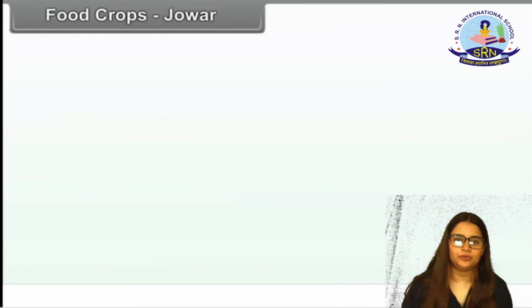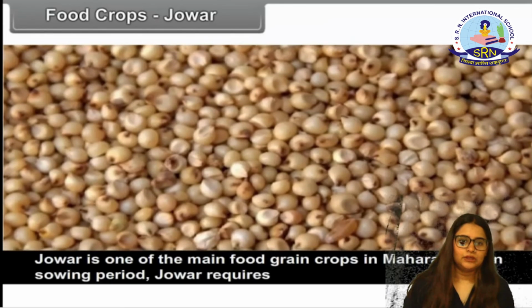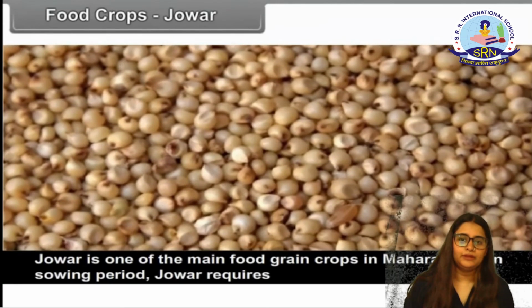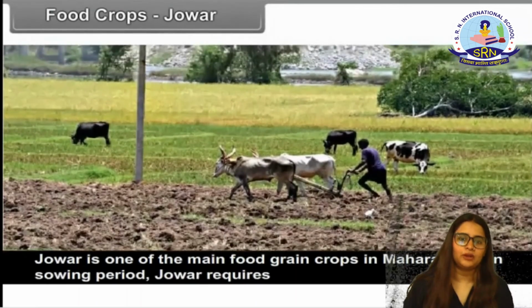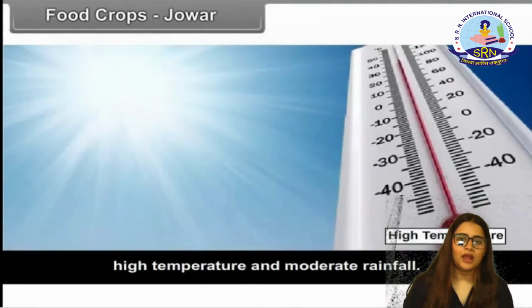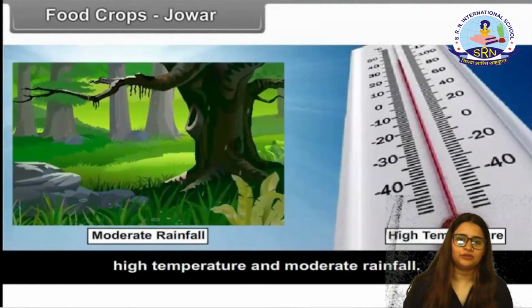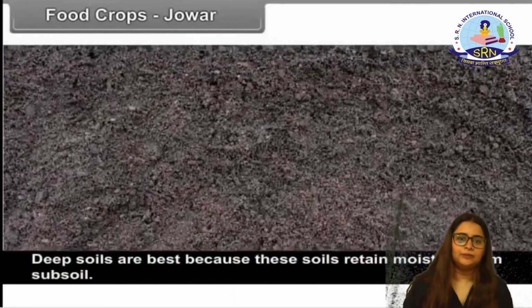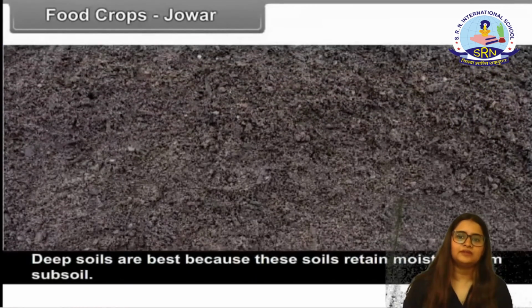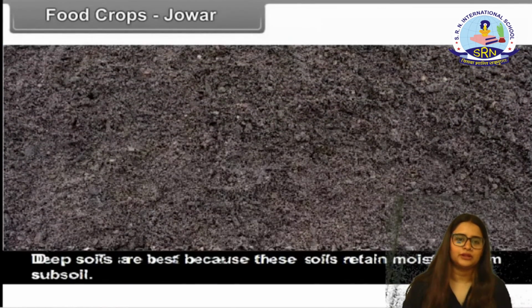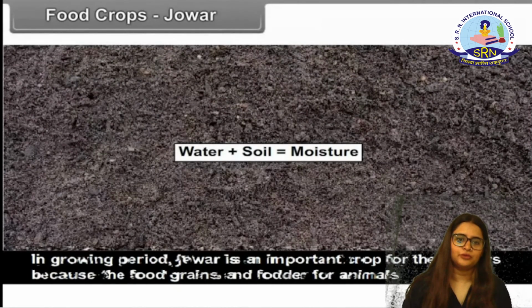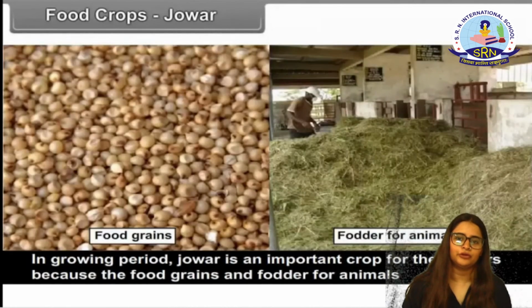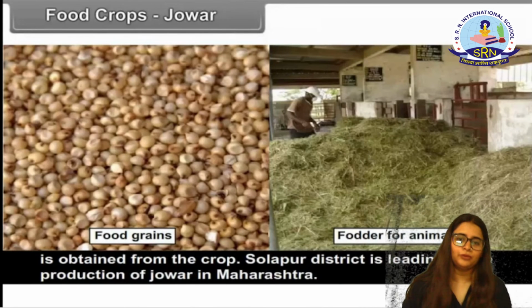Now let's discuss jowar. Jowar is one of the main food grain crops in Maharashtra. In the sowing period, jowar requires high temperature and moderate rainfall. Deep soils are best because these soils retain moisture from the subsoil. In the growing period, jowar is an important crop for the farmers because food grains and fodder for animals are obtained from the crop.